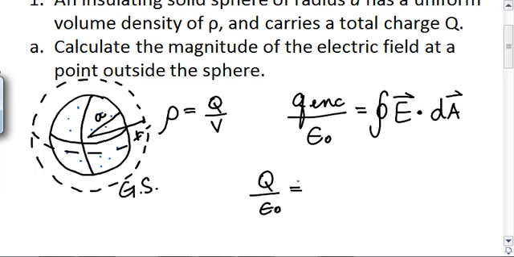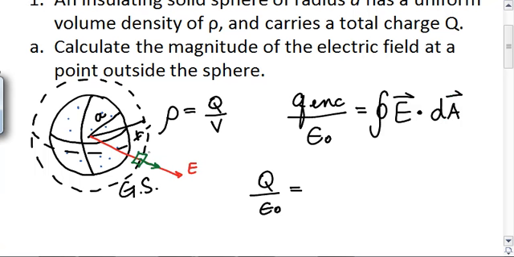And because our electric field is pointing straight out, as it passes through this little bit of area right here, the vector that's perpendicular to the area is also parallel to the electric field, so that makes this dot product just a product of the electric field times the area.